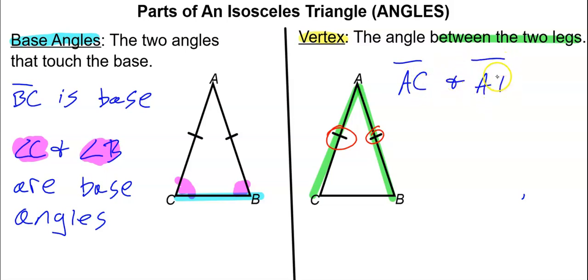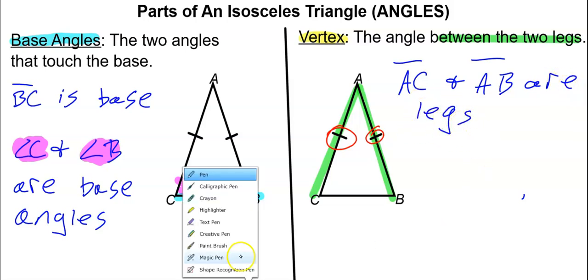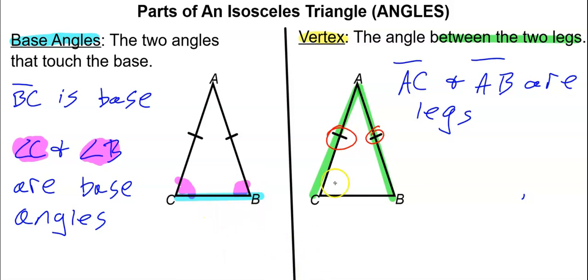Segment AC and segment AB are my legs. So the vertex is the angle that is between the legs. This angle right here. So angle A is the vertex. Angle A is the vertex of that triangle.